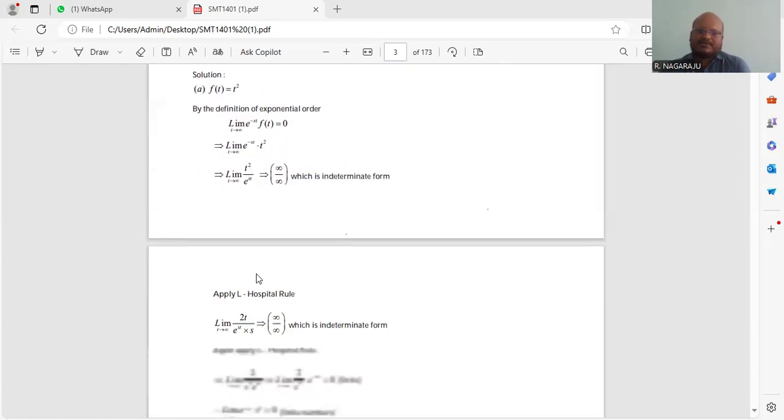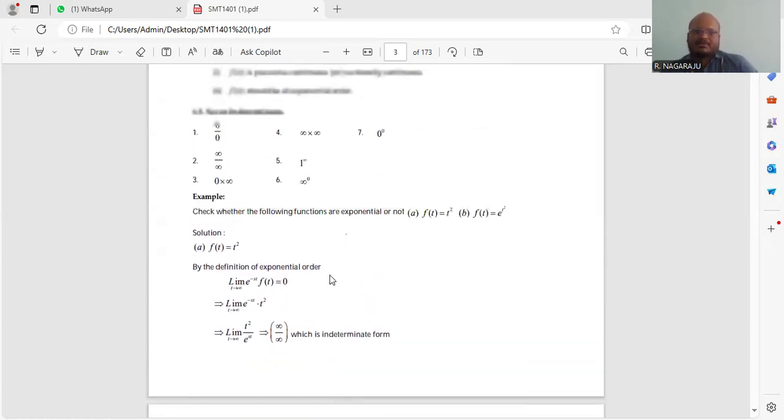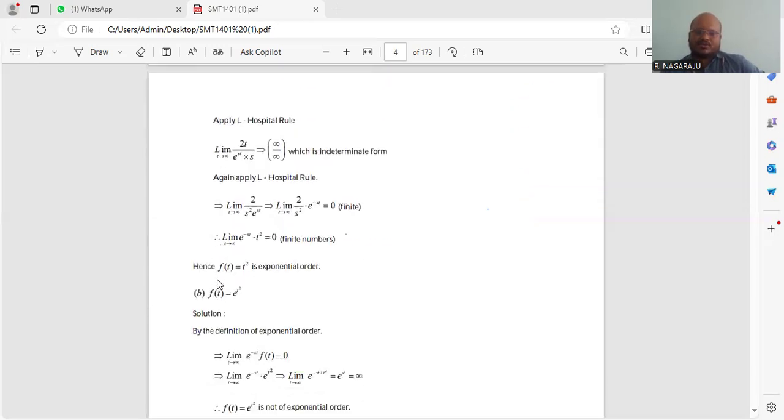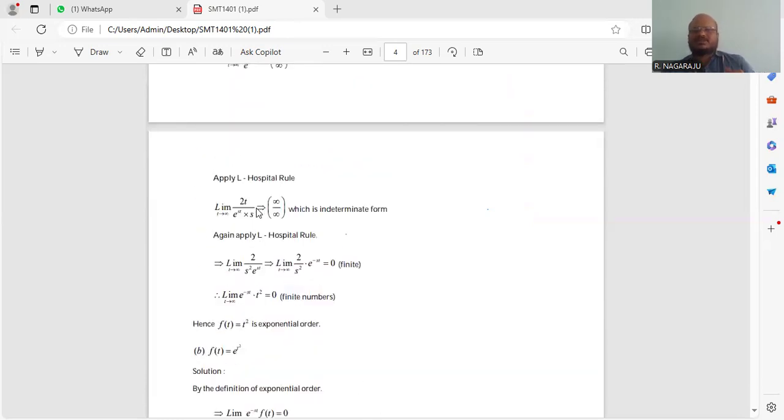Whenever you get an undetermined form, out of these seven undetermined forms, simply apply the L'Hospital rule: numerator derivative by denominator derivative. Then you will get a finite value.